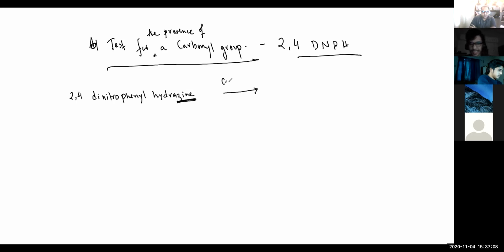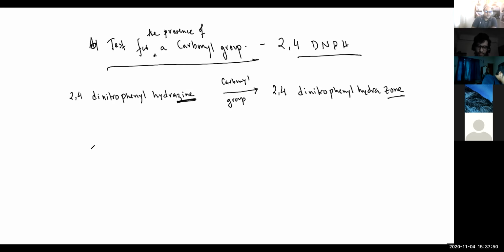If there's a carbonyl group, it gets converted to 2,4-dinitrophenyl hydrazone. This was hydrazine, this is hydrazone. So what does 2,4-dinitrophenyl hydrazine look like? There's a benzene ring with 2,4-dinitro substitution.